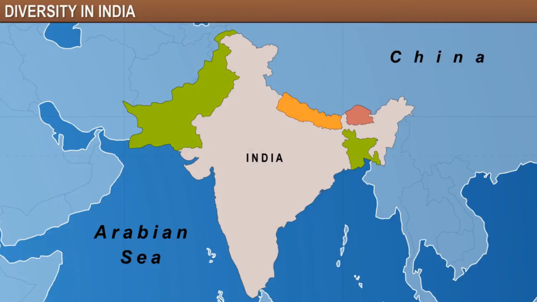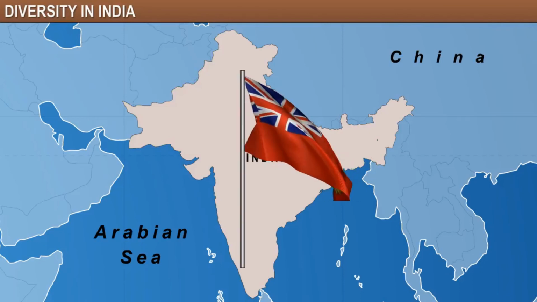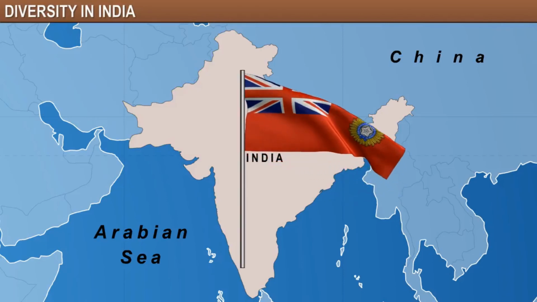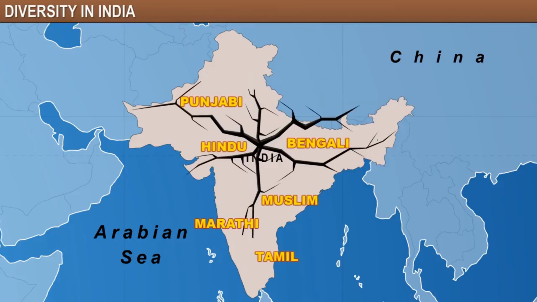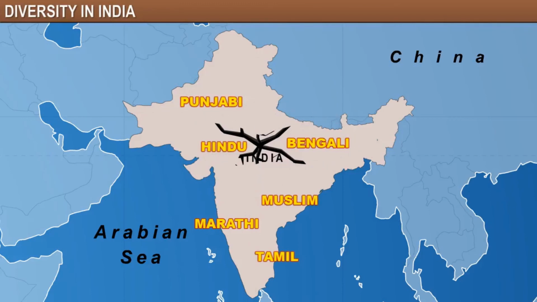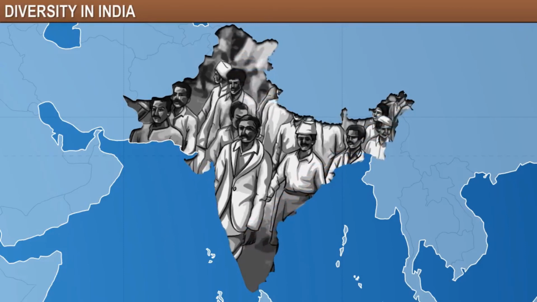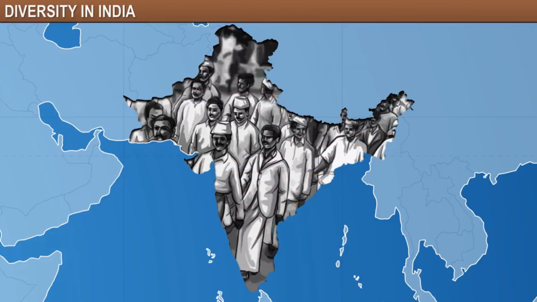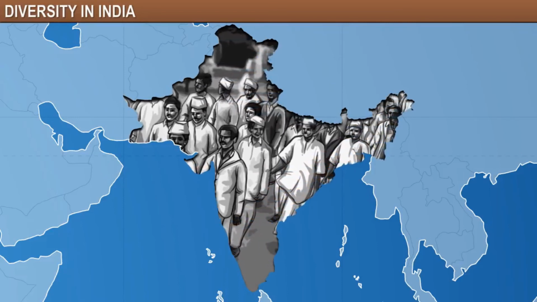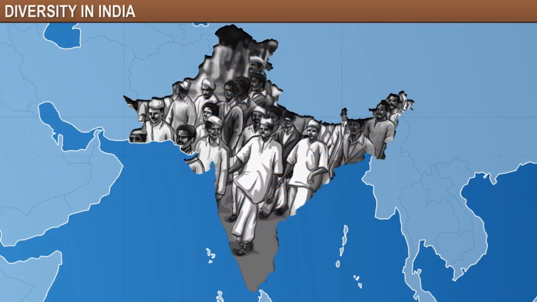This diversity, which was formed centuries ago, withstood even the Britishers' divide and rule policy. The British tried to divide India on communal and linguistic lines, but their strategy of divide and rule fell apart when thousands of Indians belonging to different castes, religions, and cultures rose in unison against the British.